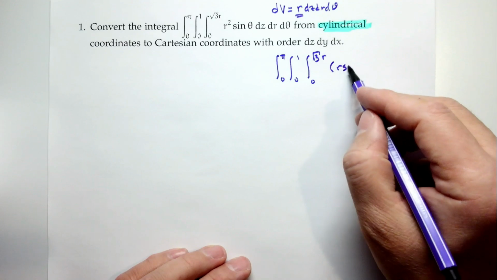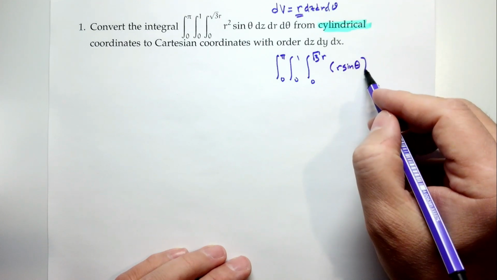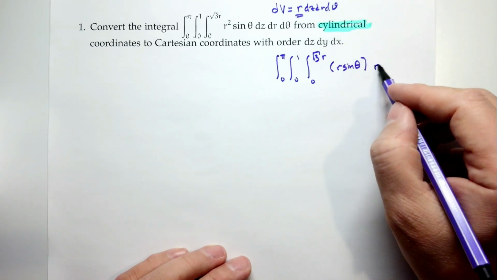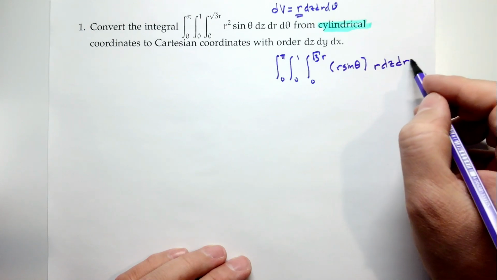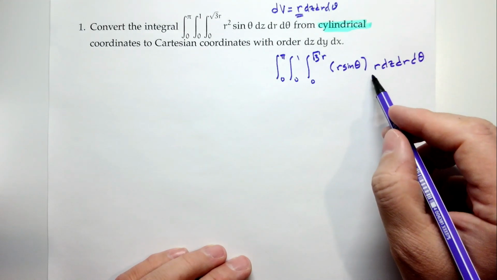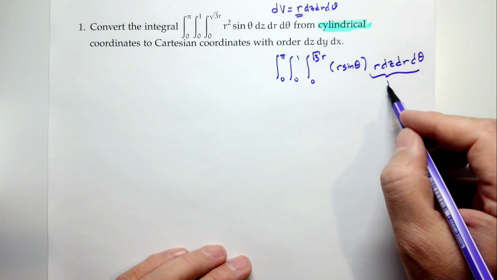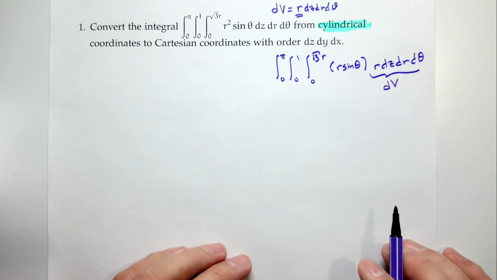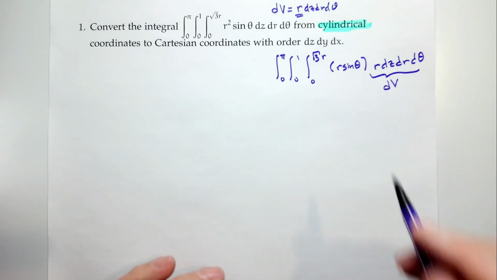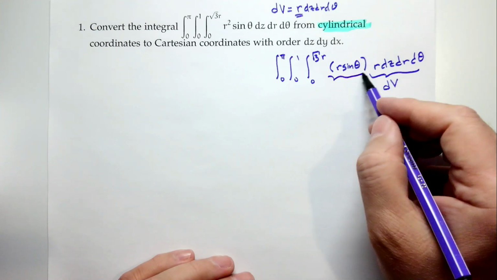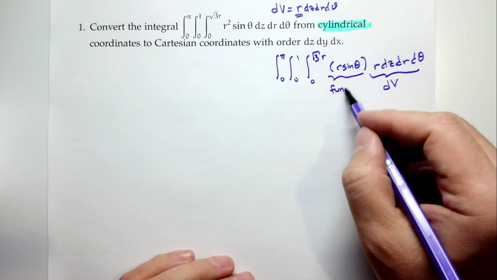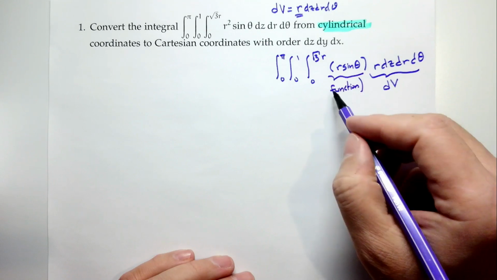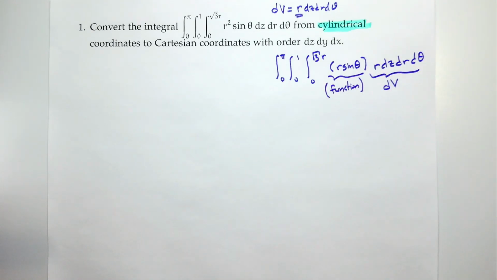So I'm going to have an r sine theta, and then r dz dr d theta. This part right here is our dv. That's not so bad. That means this part right here is our function that we're working with, and we'll work with that in just a second.